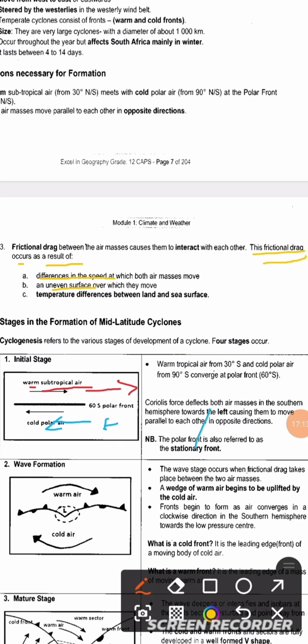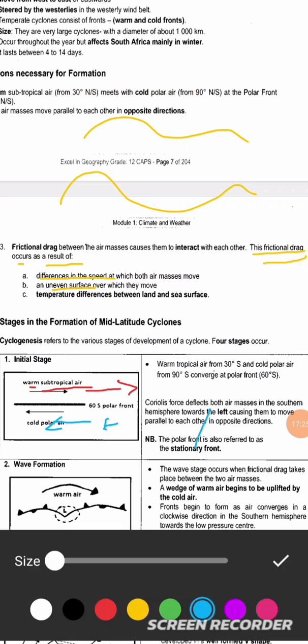Let's say we have mountains here. So when they say uneven surface, let's say here is warm air, then cold air here.